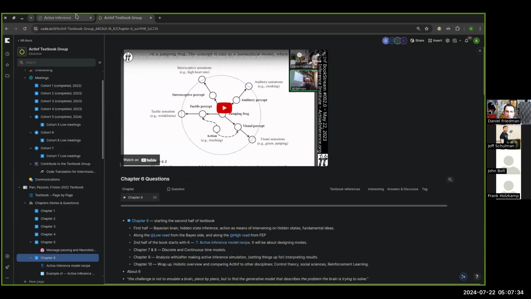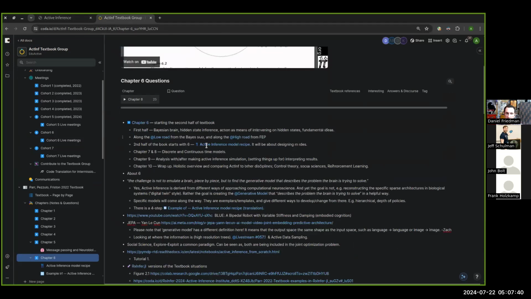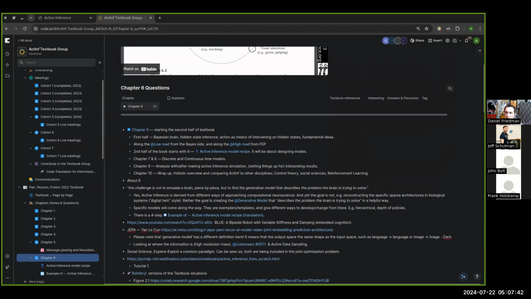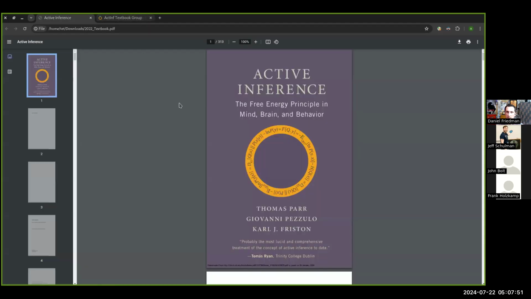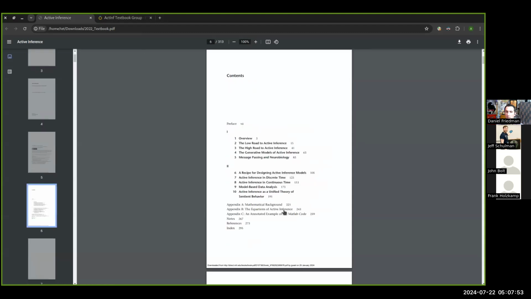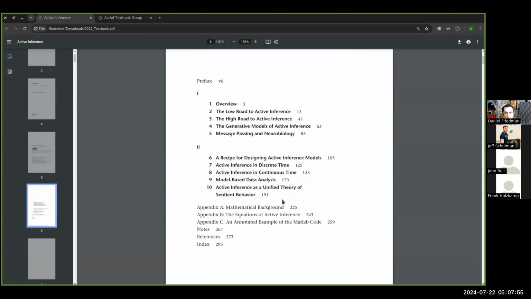We can start with any section of 6, any idea or page or figure in chapter 6 that anybody wants to bring up. We could look at any of the prior questions. And also, as chapter 6 is about applying and designing active inference models, it can be any question that someone has.